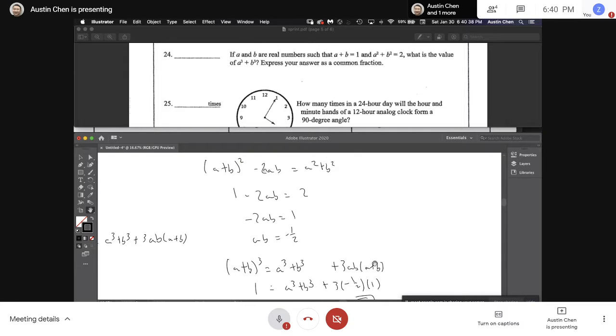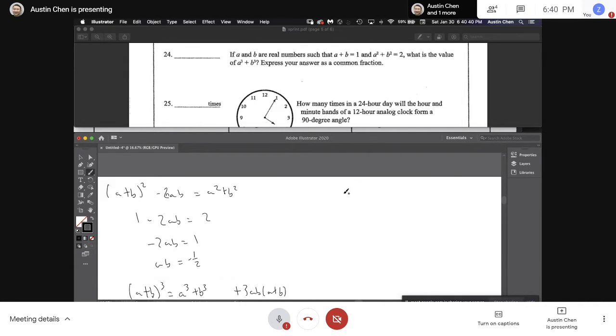There's also a variation of this where you have x plus 1 over x, and x squared plus 1 over x squared. This comes up sometimes, and you have x cubed plus 1 over x cubed and stuff.